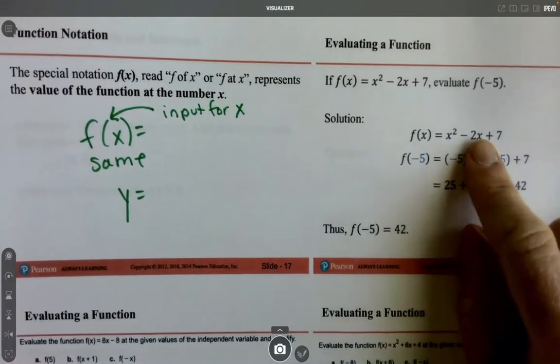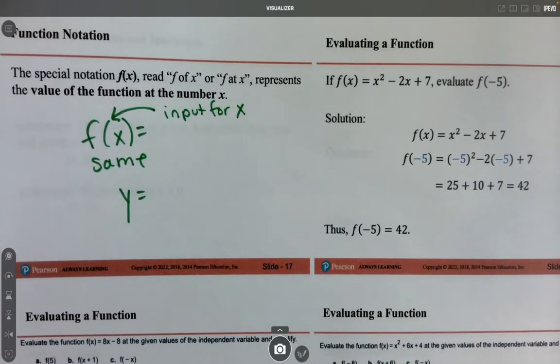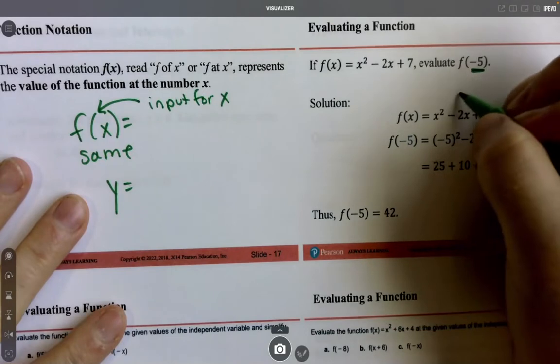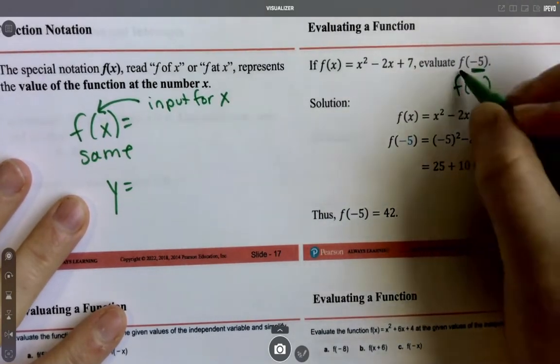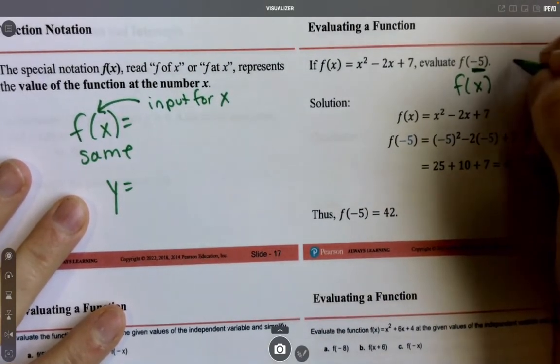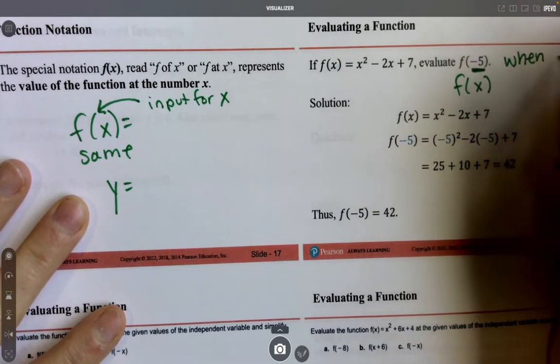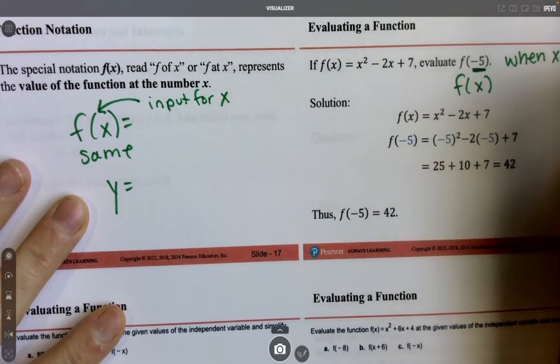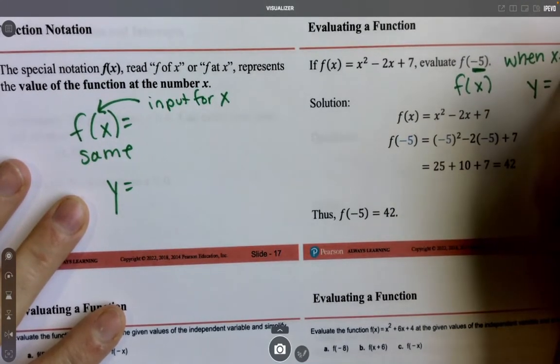So in this example, we have f of x equals x squared minus 2x plus 7. Evaluate f of negative 5. So that means that instead of saying f of x, I'm saying f of negative 5. So that means when x equals negative 5, y equals what?